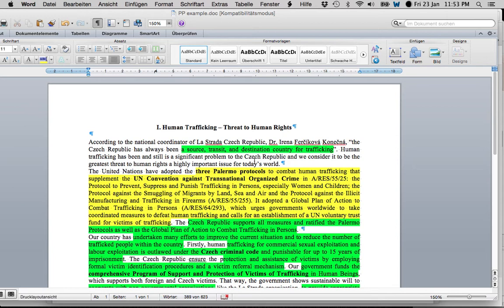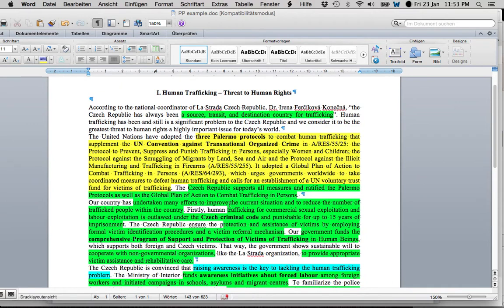Let's look first at the big yellow section on the international framework. It focuses on the key documents that are relevant for human trafficking, and that is the UN Convention Against Transnational Organized Crime and the protocols to it, and it mentions an implementation plan. But this is enough.